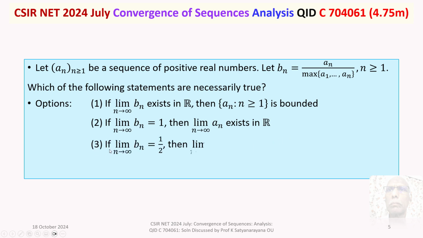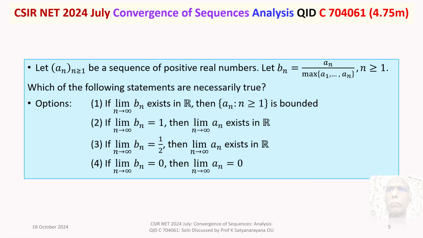Option 3: if limit n tends to infinity of b_n is 1 by 2, then limit n tends to infinity of a_n exists in R. Option 4: if limit n tends to infinity of b_n is 0, then limit n tends to infinity of a_n is equal to 0.